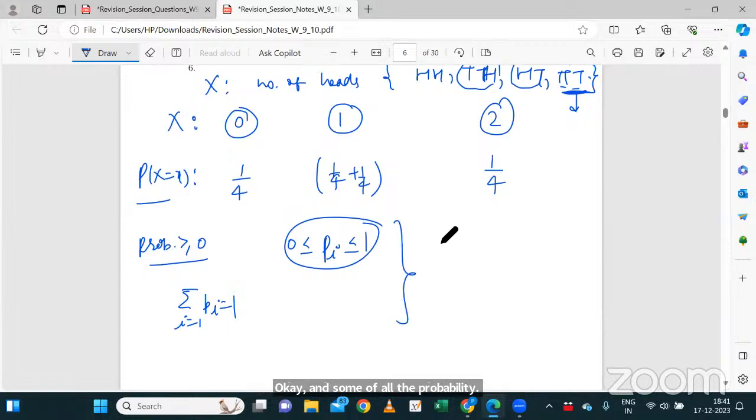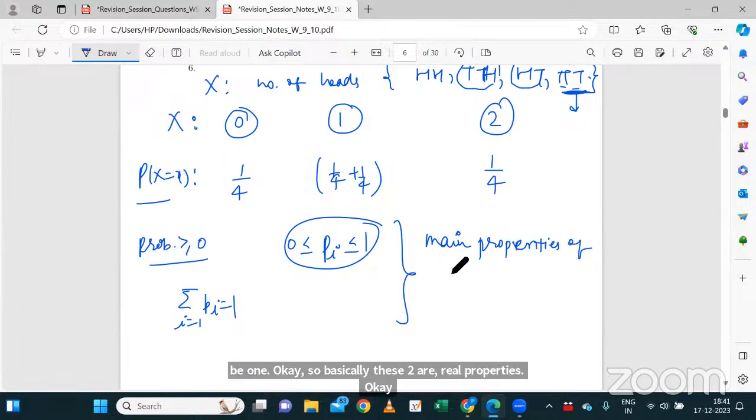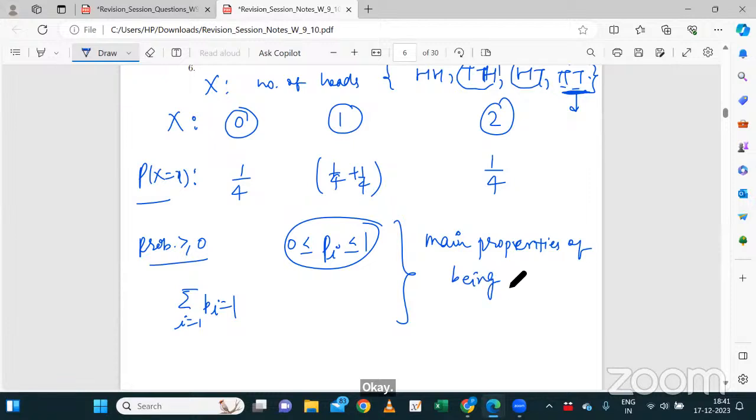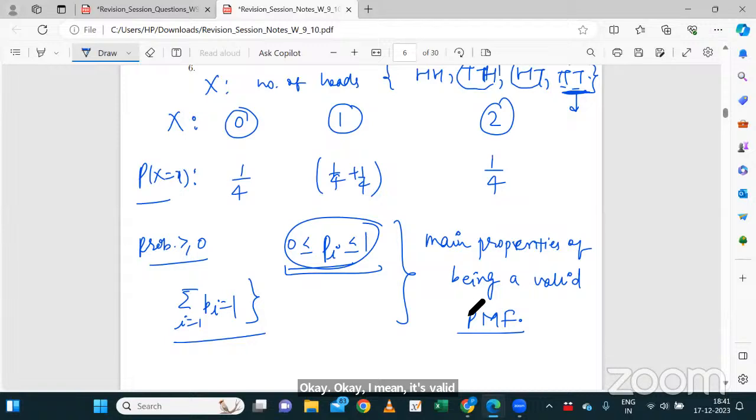These two are the main properties of being a valid PMF. If any probability does not satisfy this, or the sum of all the probabilities is not equal to 1, then it is not a valid PMF. To be a valid PMF, these two properties should be satisfied.